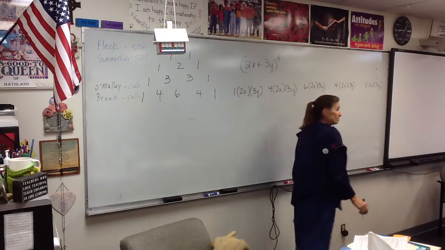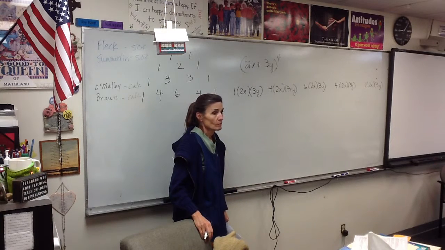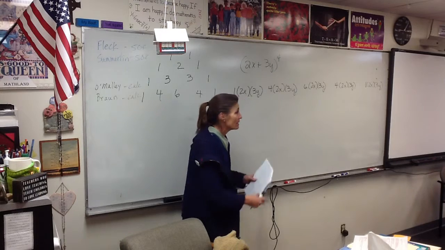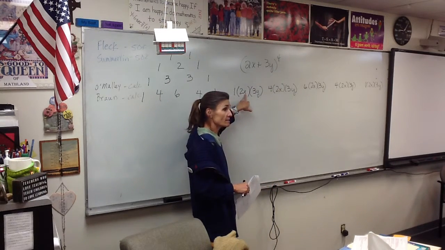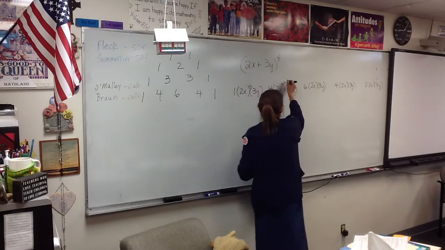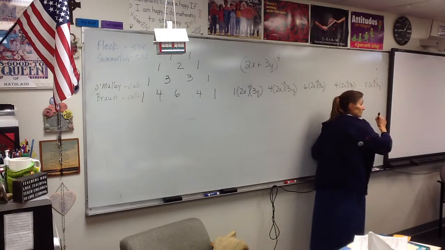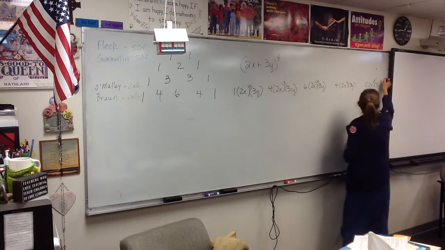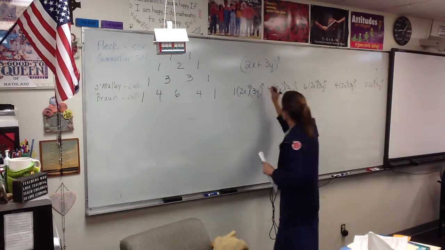Good. Next, the exponents. That couldn't be easier. We start with 4 on the x and go down: 4, 3, 2, 1, 0. And then what? Same thing on the y's, but go in the opposite direction.